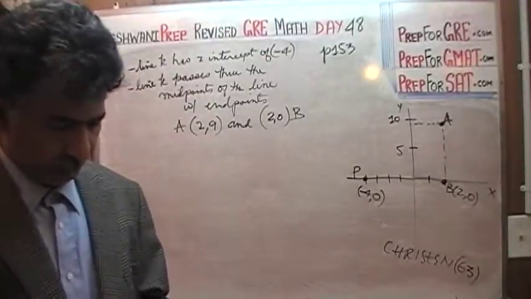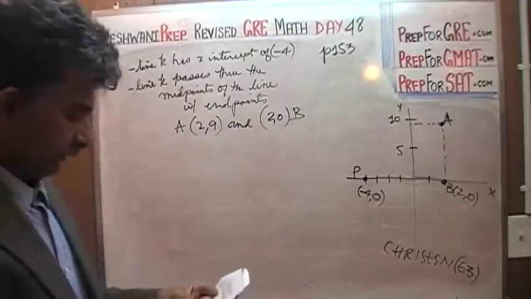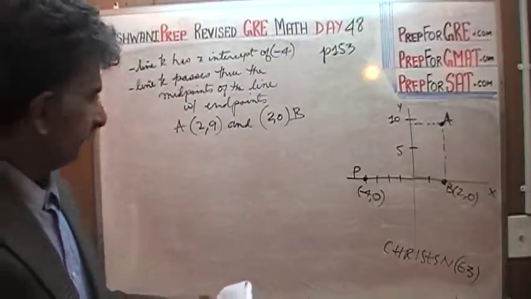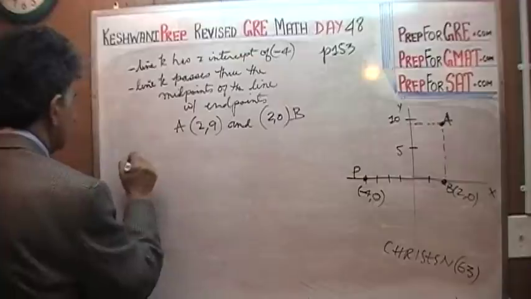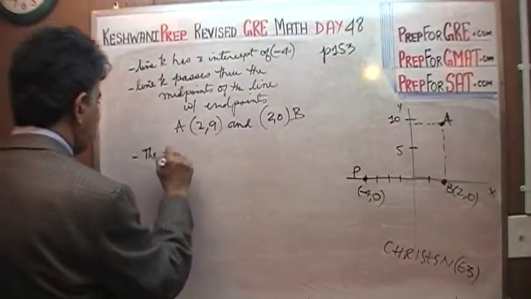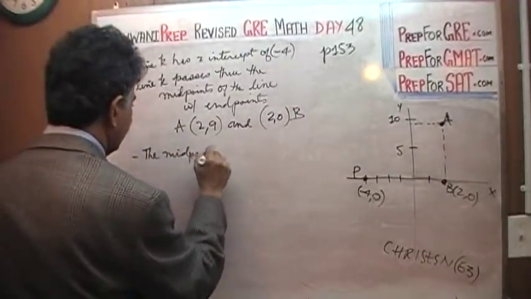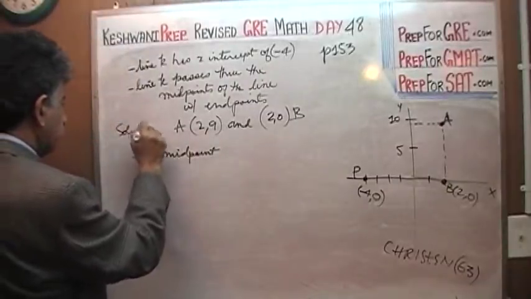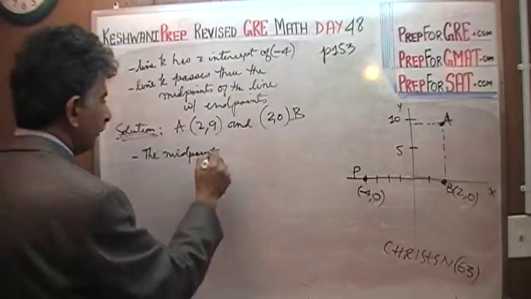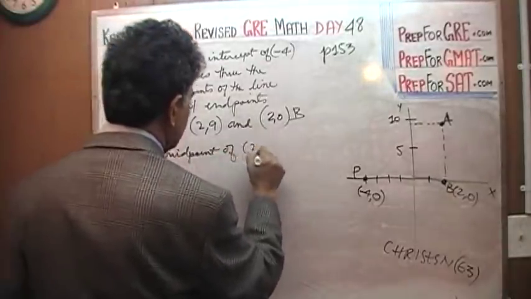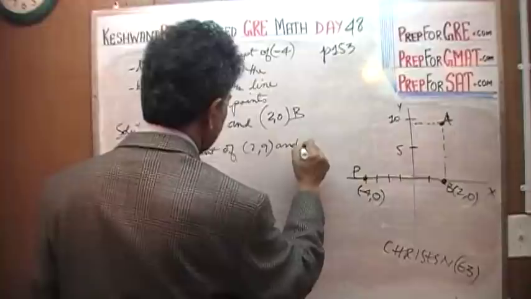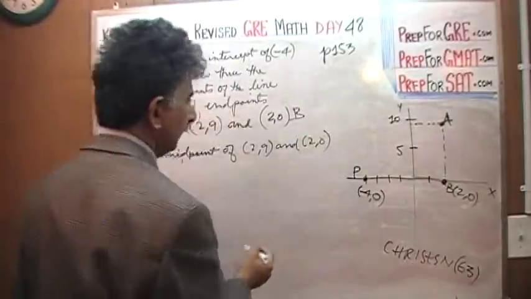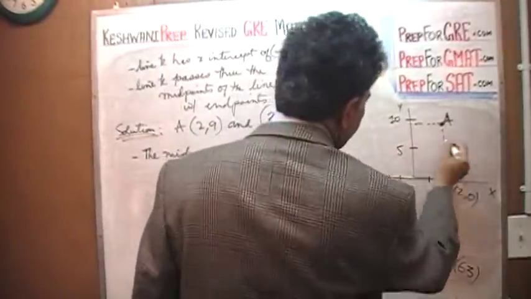The line K passes through the midpoint. Oh well, let's find out the midpoint then. So now we have begun the solution. The midpoint of 2, 9 and 2, 0 is simply from here to here.